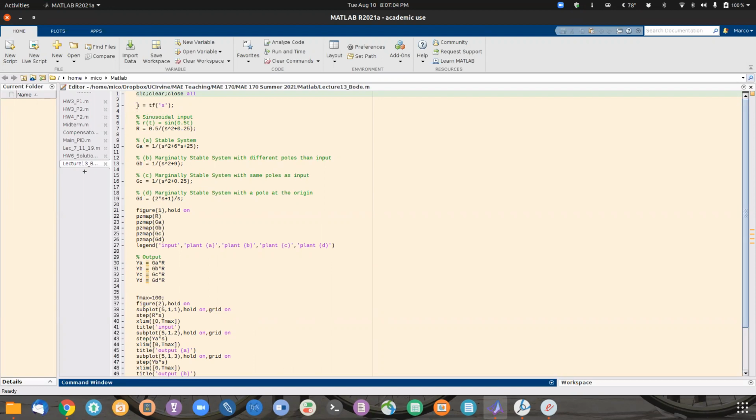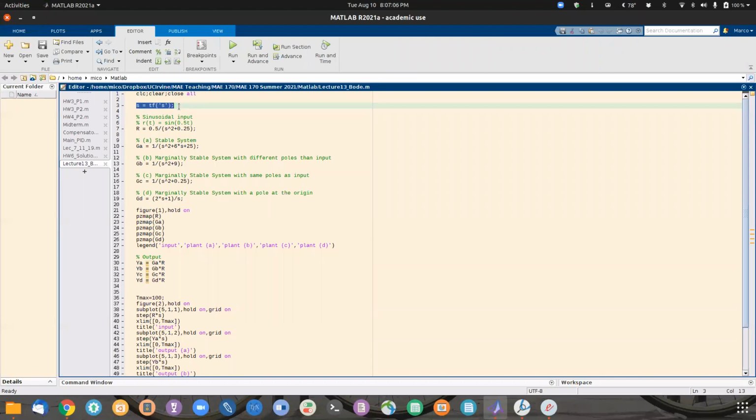In the script, you can see I just wrote down the basic function to create the transfer function S, and then I create the input. Instead of using a function in the time domain, I'm using the function in the S domain, which is much easier to deal with. However, I also referenced it to the time domain for convenience.